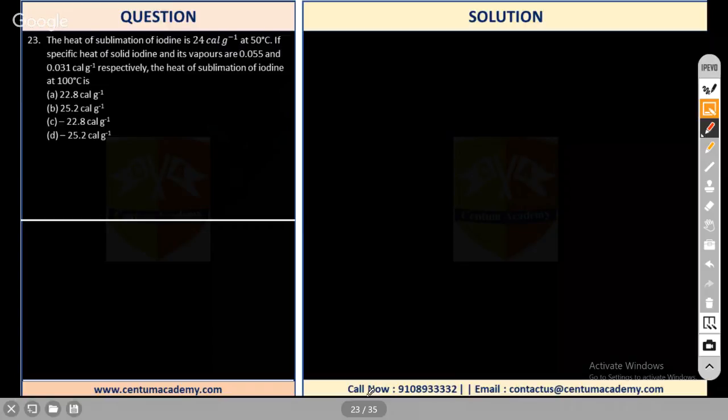If specific heat of solid iodine and its vapor are 0.055 and 0.031 calorie per gram, find the heat of sublimation of iodine at 100 degrees Celsius.